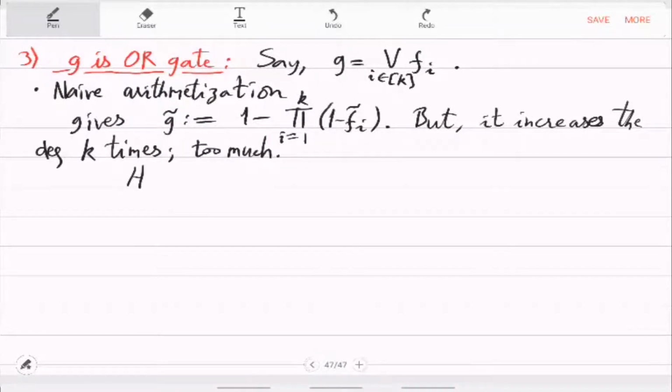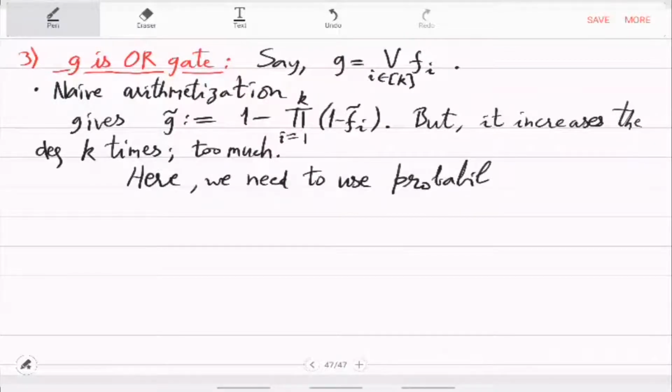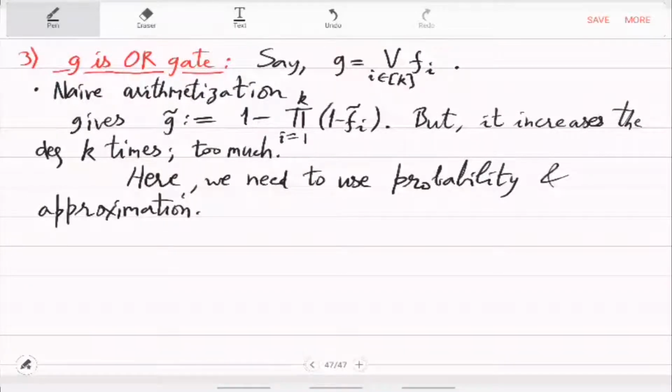So here we need to use probability and approximation. So till now, in cases 1 and 2, we didn't need probabilistic method and we didn't need any approximation, but now we will use it because we cannot afford to compute OR exactly.